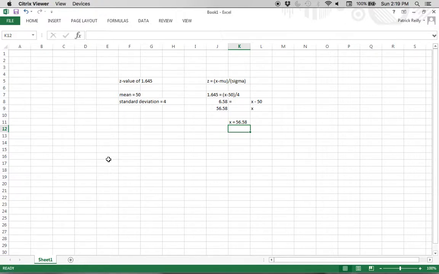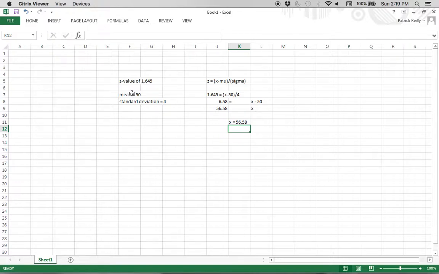Remember, before, they gave us the x value and asked what percentage of the population lies below this value, or between this value and this value, right? So they gave us the values and they asked for the proportion of the population. So here they're giving us the proportion of the population, and they're asking for the values.